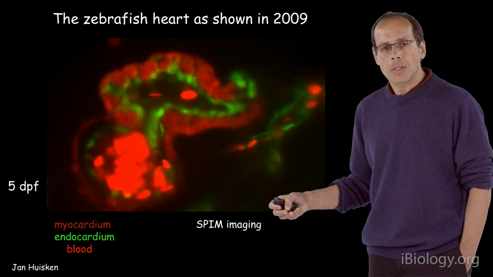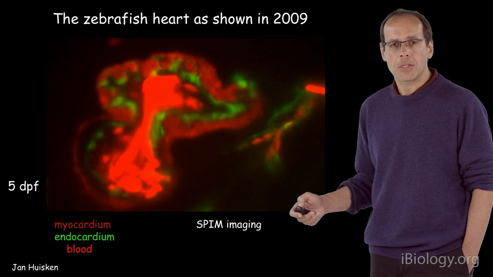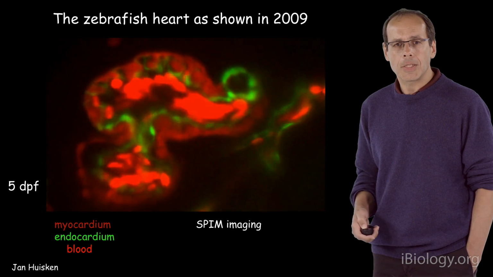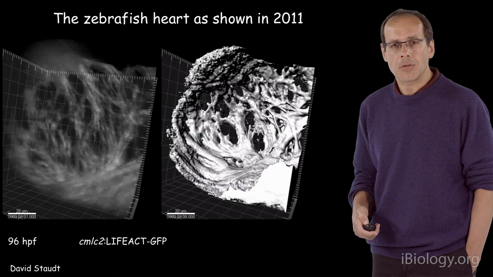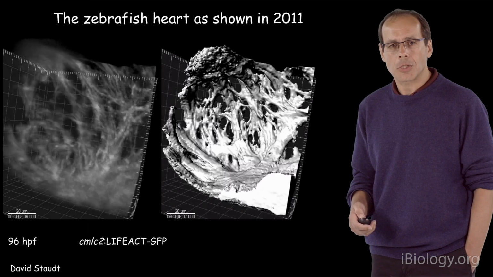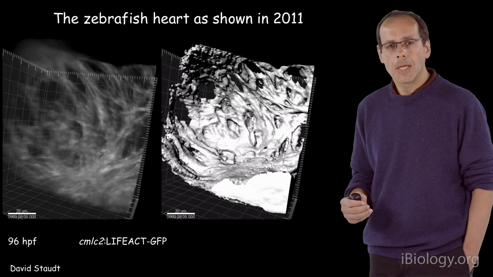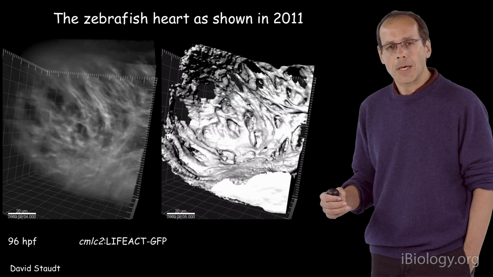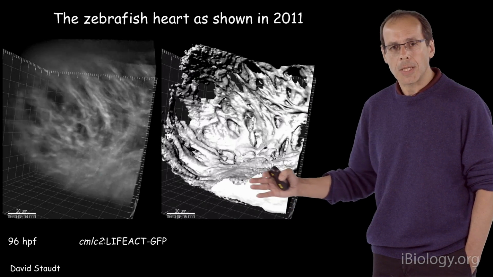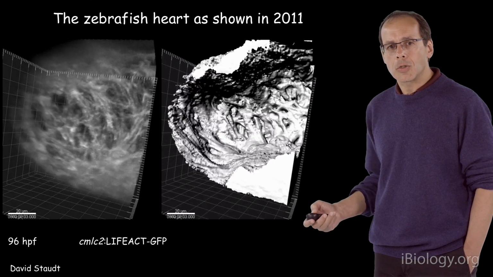Again, we're looking at single plane images using SPIM imaging, but of course the heart is a three-dimensional organ. So now, taking advantage of spinning disk microscopy followed by image reconstruction, imagine you're standing inside the ventricle looking out, and what you're seeing are these muscular ridges. This is best seen here, and these are called trabeculae.